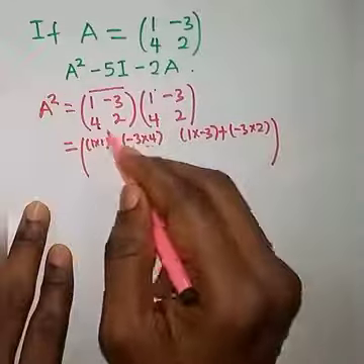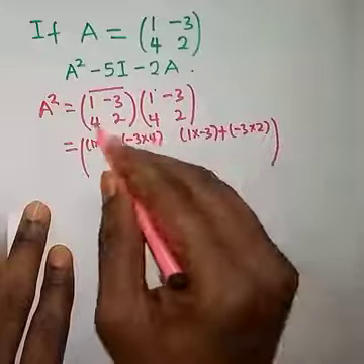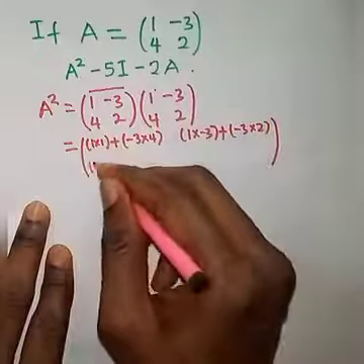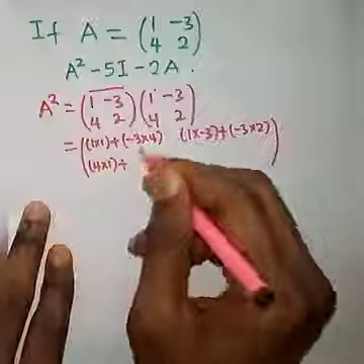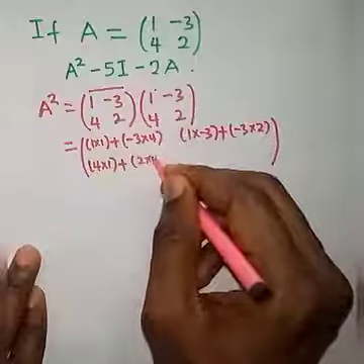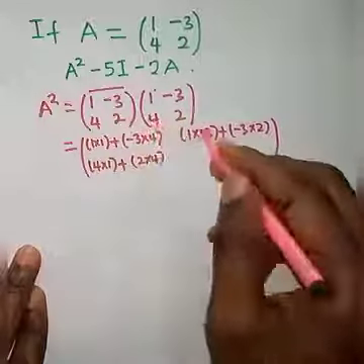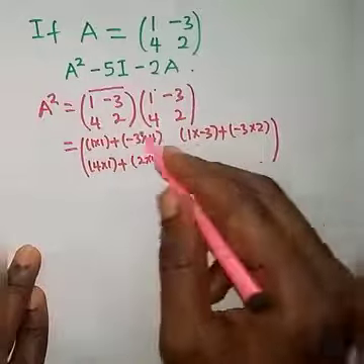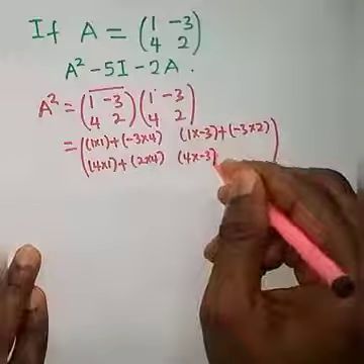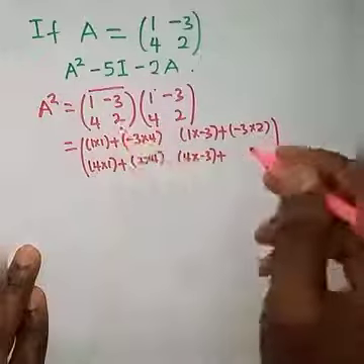And for this entry, we have this row times the first column. So we have 4 times 1 plus 2 times 4. And then for the last entry here, we have 4 times minus 3 plus 2 times 2.